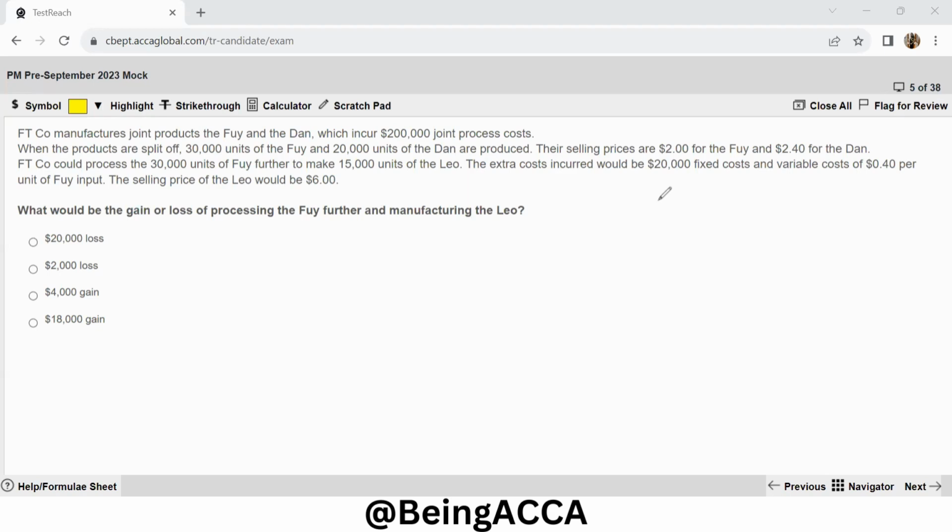So we have to find out whether or not we should further process. So in this scenario, first of all, we could have sold the 30,000 units of FI and the selling price is again $2 per unit. So my revenue that will be lost will be 30,000 multiplied by 2, and this comes out to be 60,000.